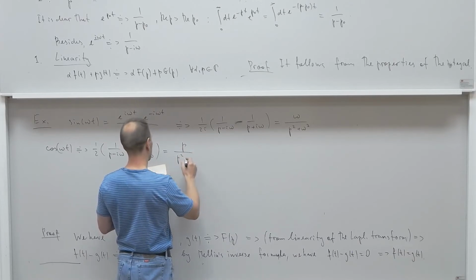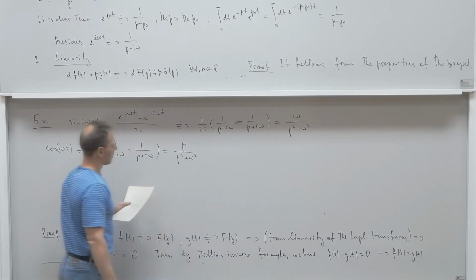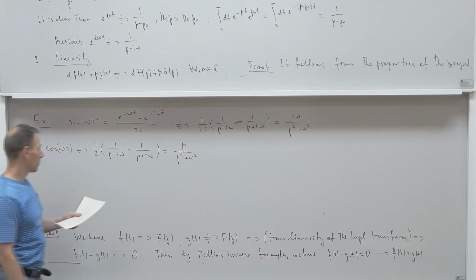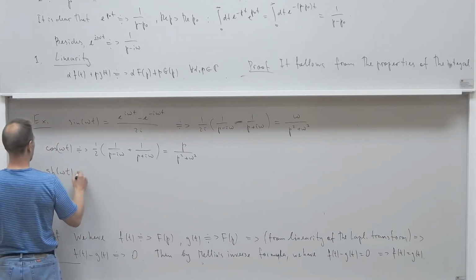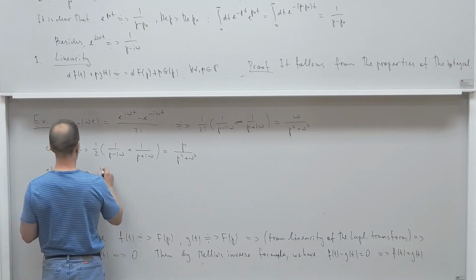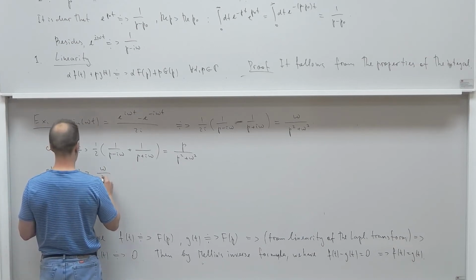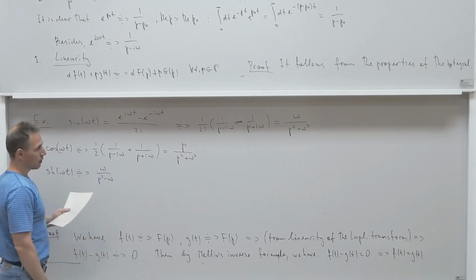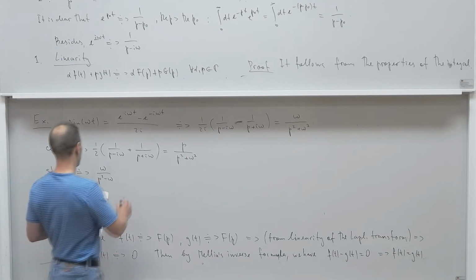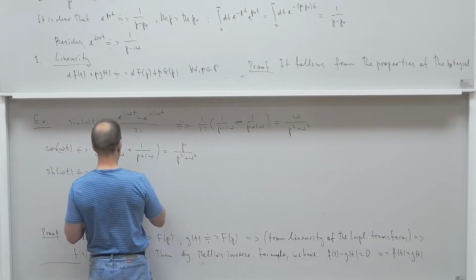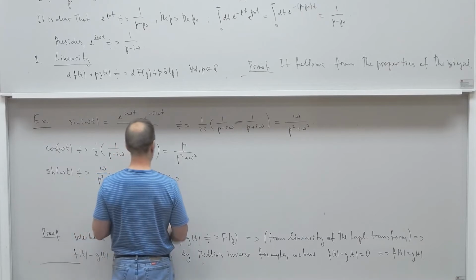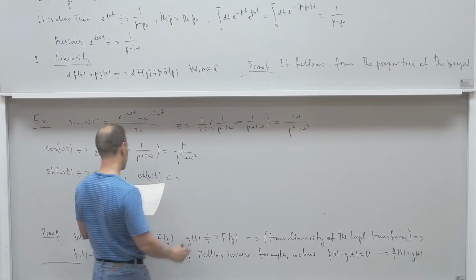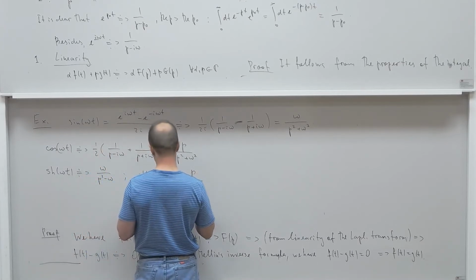Taking these terms together, we have such a formula. The hyperbolic sine function is Laplace transformed to such an expression. And as for the hyperbolic cosine function, its Laplace transform is written as follows.